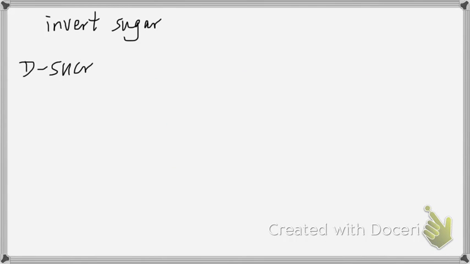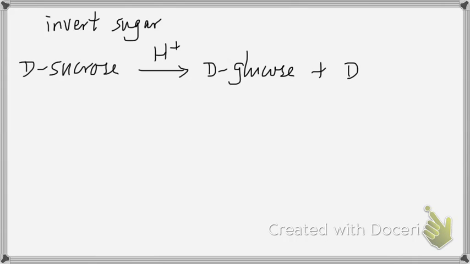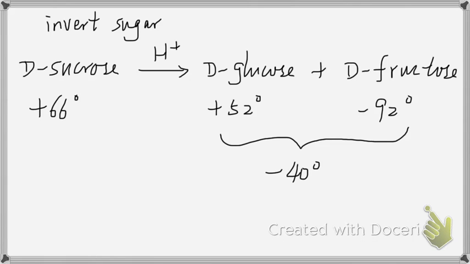Another thing that's very interesting about sucrose is that it's an invert sugar. When sucrose is hydrolyzed under acidic condition, it will give 1 unit of glucose and 1 unit of fructose. Here is the optical rotation of these 3 compounds. Sucrose, positive 66 degrees.